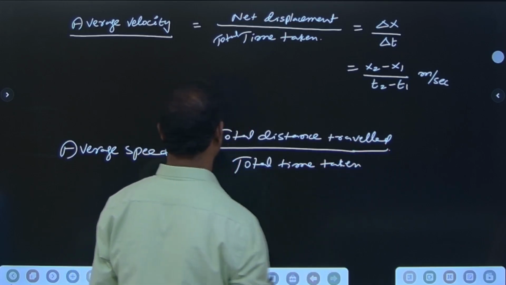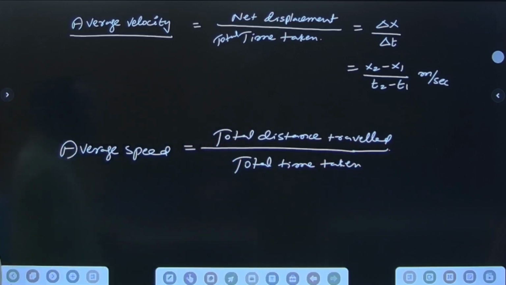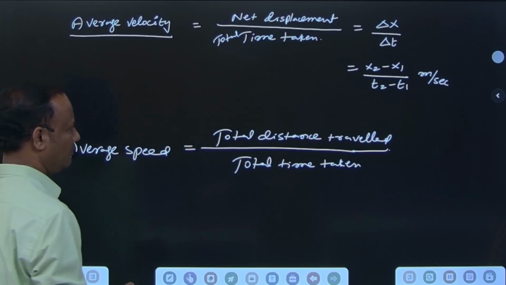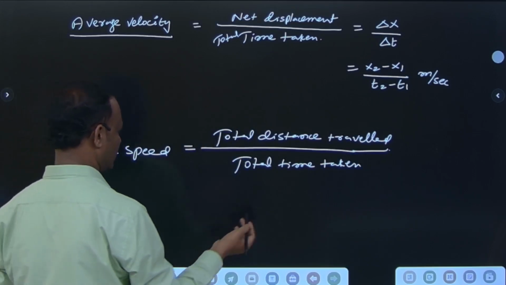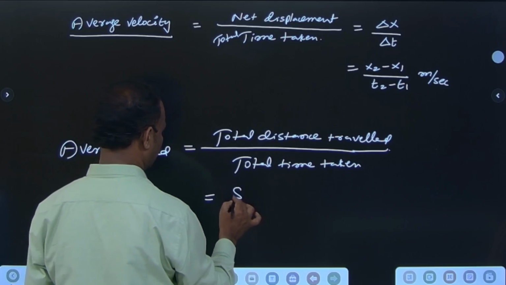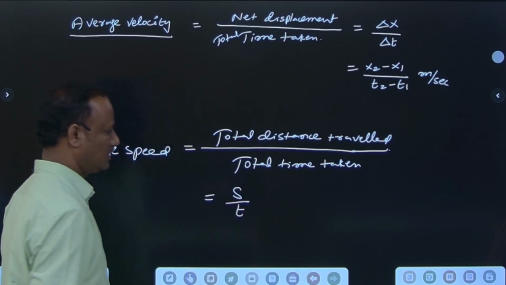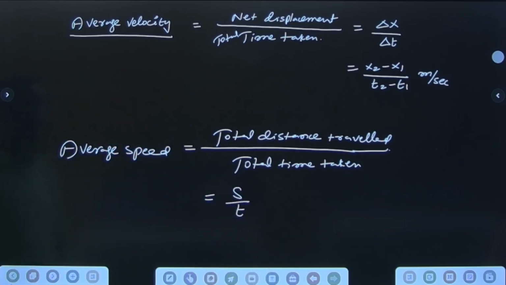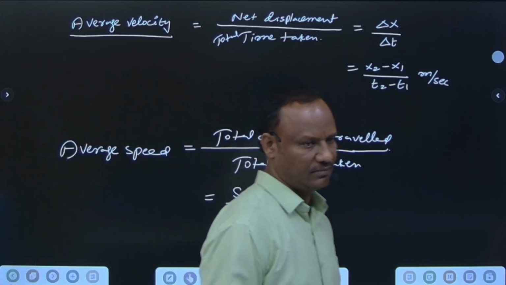If I call the distance traveled S and the total time taken T, this is average speed, S by T. It depends on the number of intervals. So that is average velocity and average speed.